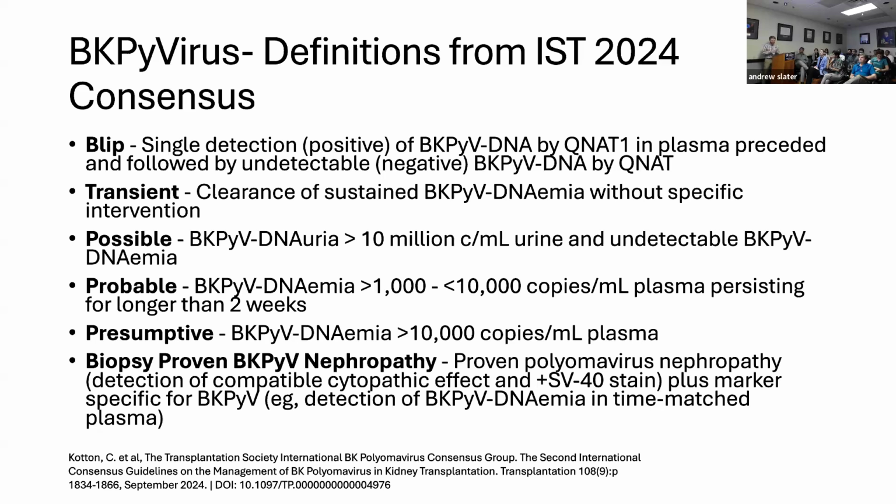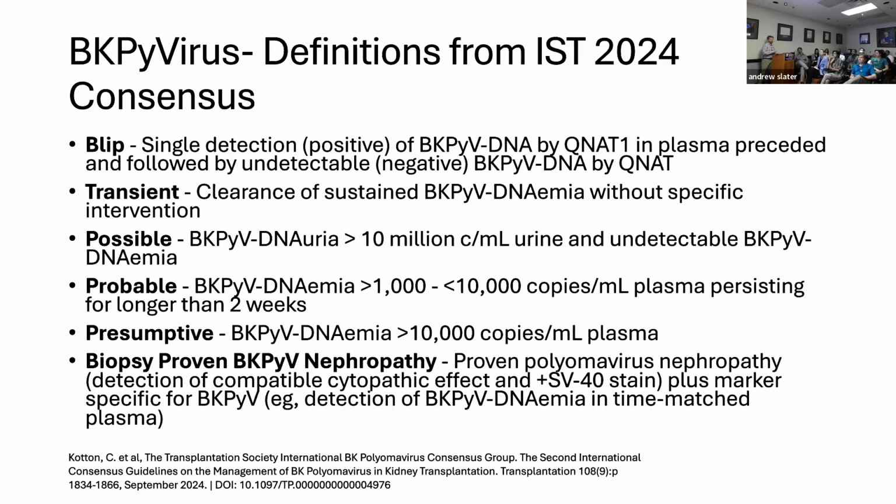So this is from the 2024 International Consensus Update Guidelines for BK. The only three that I really wanted to make mention of were probable, presumptive, and biopsy-proven BK polyomavirus nephropathy. Probable is when the viral count is greater than 1,000 and less than 10,000 copies per cc in plasma.